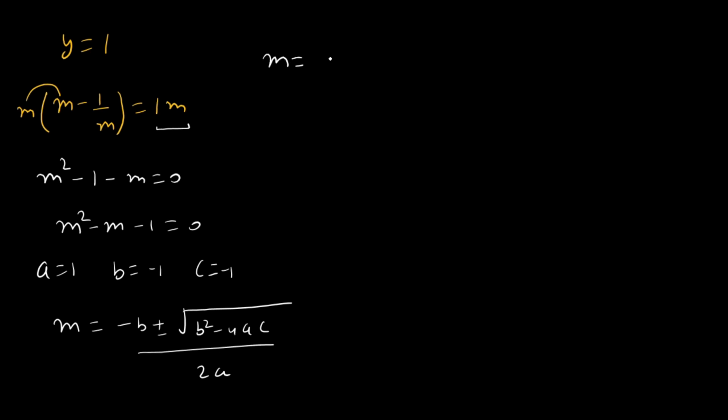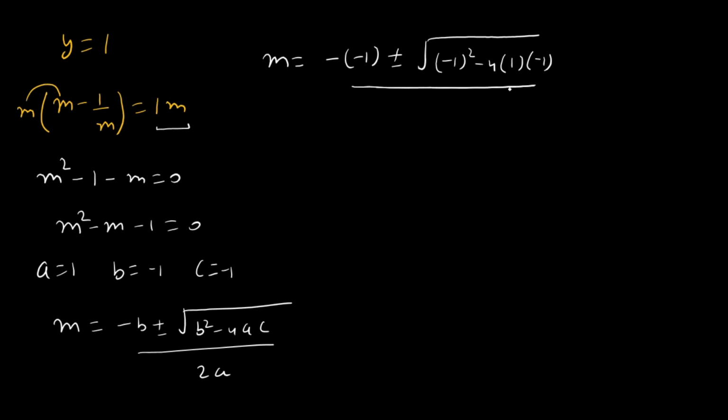Then m equals minus, the value of b is minus 1, plus minus square root of minus 1 square minus 4, the value of a is 1 and the value of c is minus 1, and divided by 2 times a, that is 1. Then m equals, minus multiplied by minus 1, then we get 1 plus minus square root of minus 1 square, that is 1, minus 4 times minus 1, that is 4. 4 plus 1, that is 5, and divided by 2.